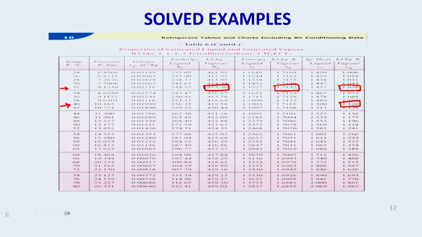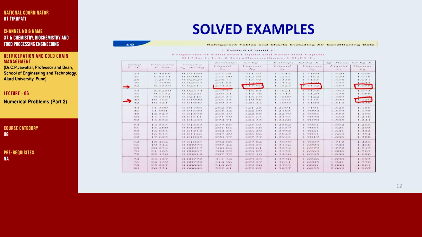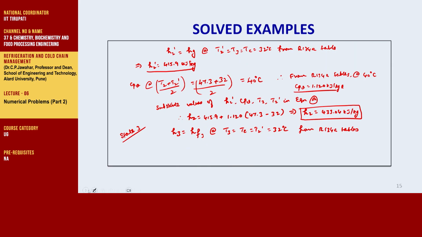So corresponding to 32 degrees centigrade, liquid enthalpy is 244.55.